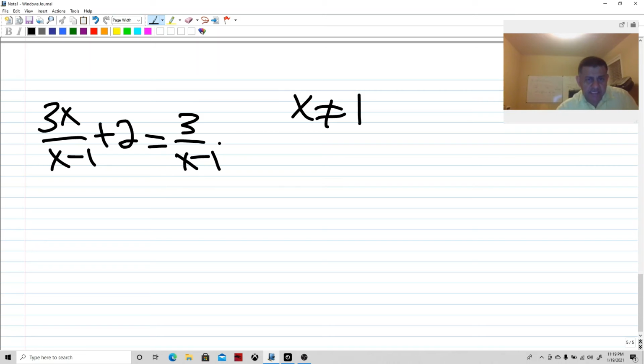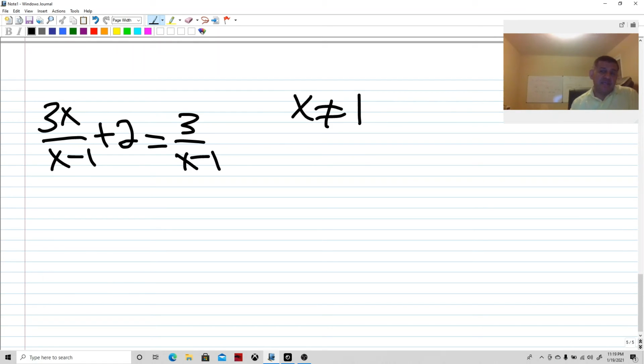Because if x is equal to 1, then this piece is undefined, which cannot happen. x cannot equal 1, right? Positive 1. It can be greater than 1, it can be less than 1, but it cannot be 1.